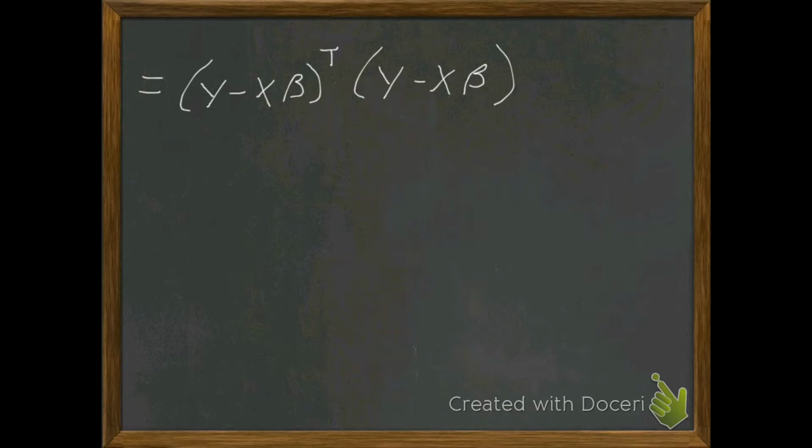So guys, let's multiply this out. Now again, in multiplying y minus x beta transpose times y minus x beta, we have to pay attention to order. So using FOIL, did you ever think you'd use FOIL in a graduate level math class? Anyway, you're going to. Here we have y transpose. We have to put it first because it's from the left.